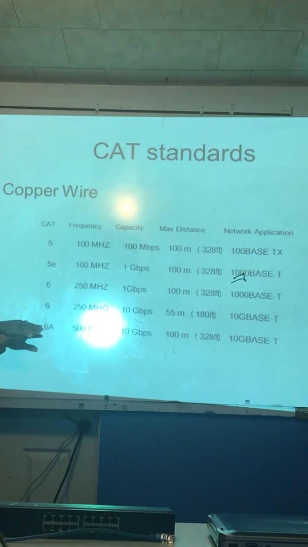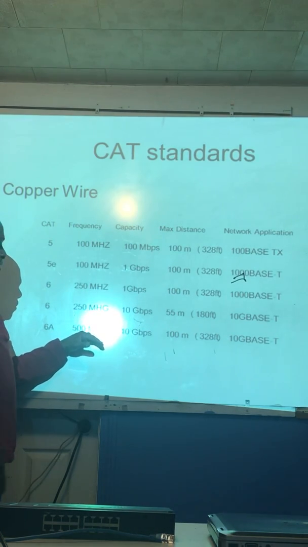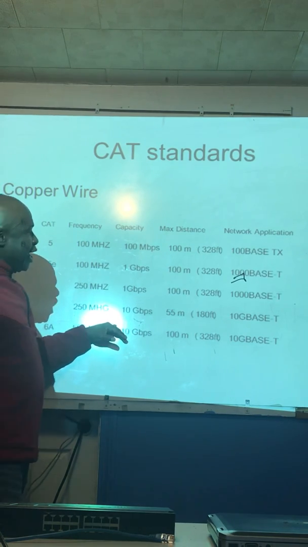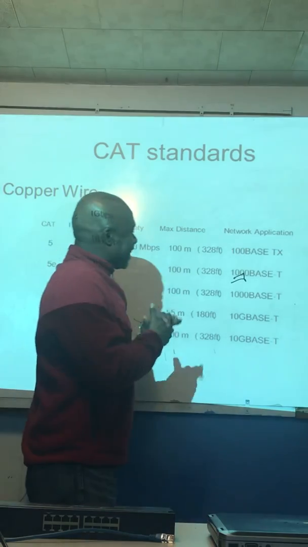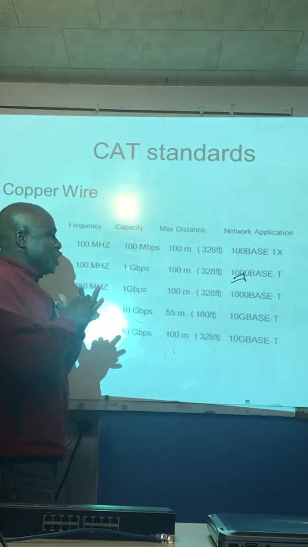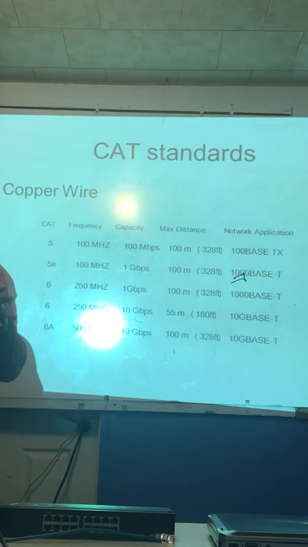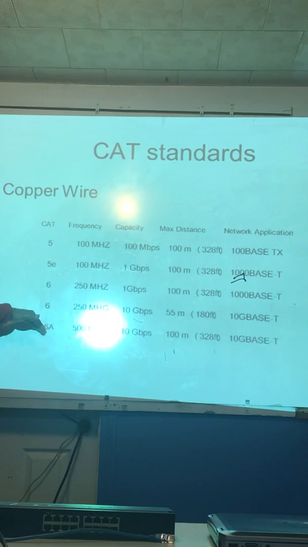And we have the 6A that supports up to 500 megahertz, and this one is 10 gigabits per second, and can go up to 100 meters. So the 10 gigabit, they call it 10GBASE, and it is still using the twisted pair. So all of them are cables that can be used on Ethernet standard networks.